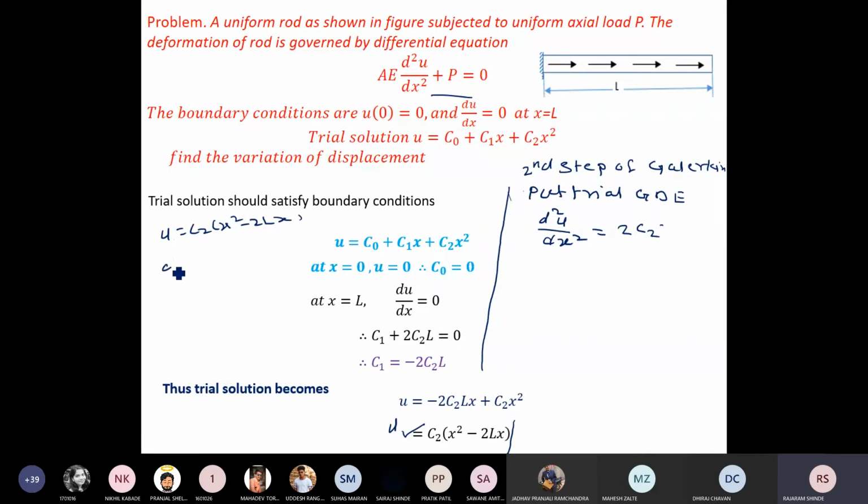The first derivative du by dx is c2 into 2x minus 2L. Now d2u by dx square, this term becomes 0. Now this term will be there, 2c2, not x, 2c2 only. Am I right?